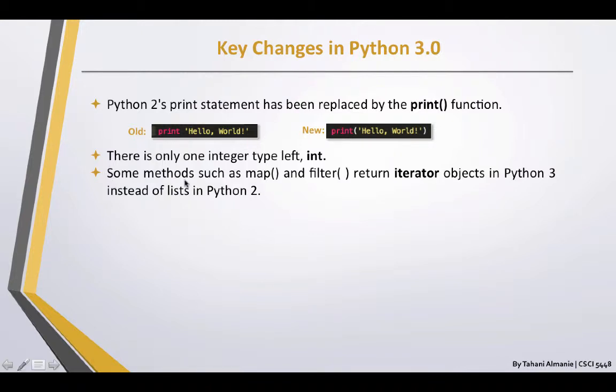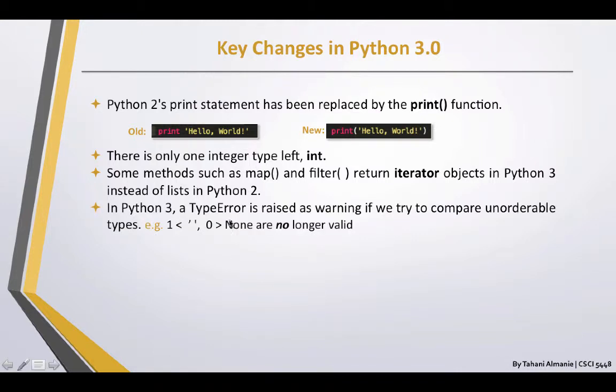Also, some methods such as map and filter return iterator objects now in Python 3, whereas in Python 2, they return lists. And for those cases where we really need the list objects, we can simply convert the iterator object into a list via the list function.